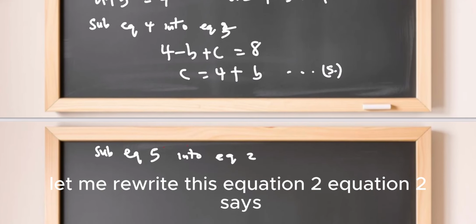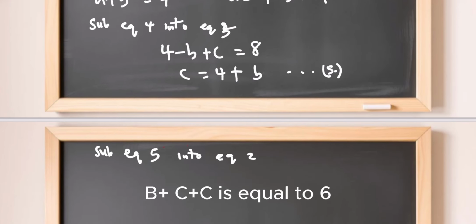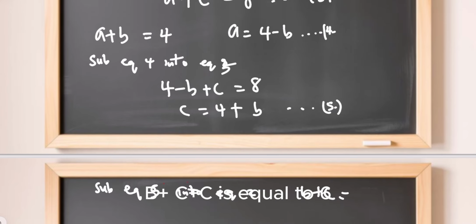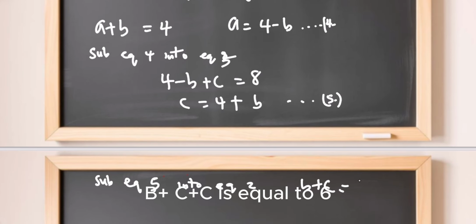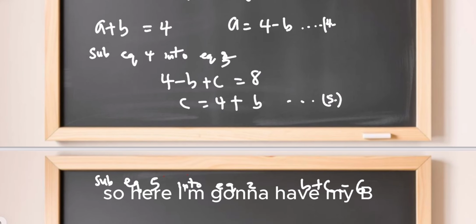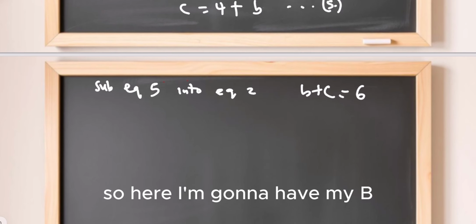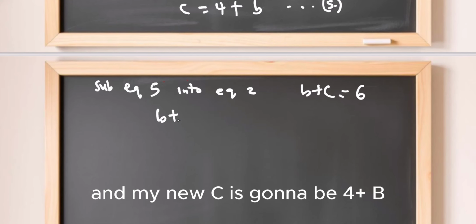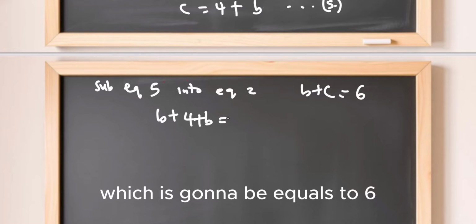Equation 2 says B plus C is equal to 6. So here, I'm going to have my B, and my new C is going to be 4 plus B, which is going to equal 6.